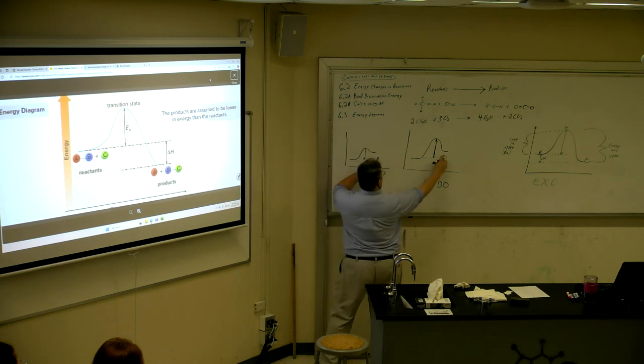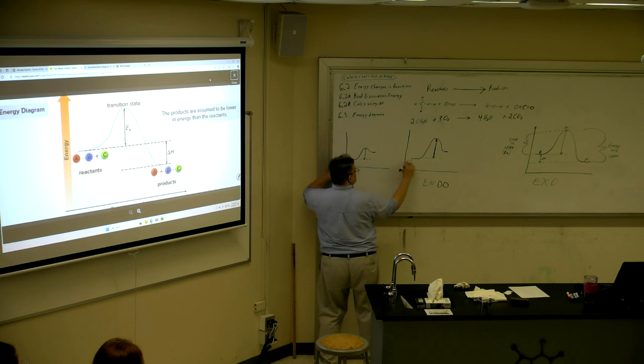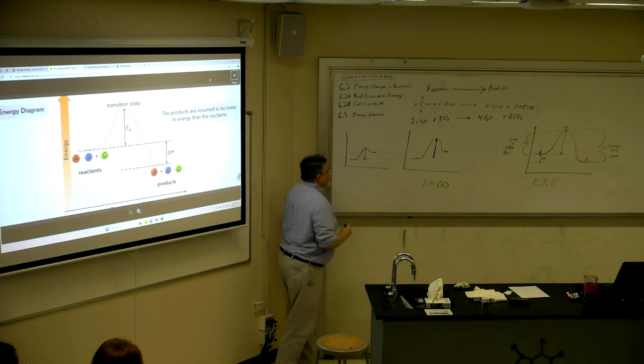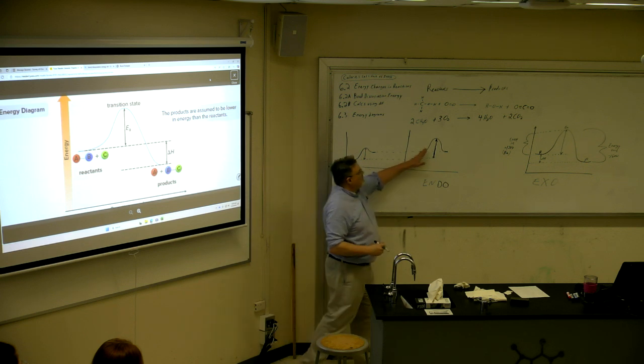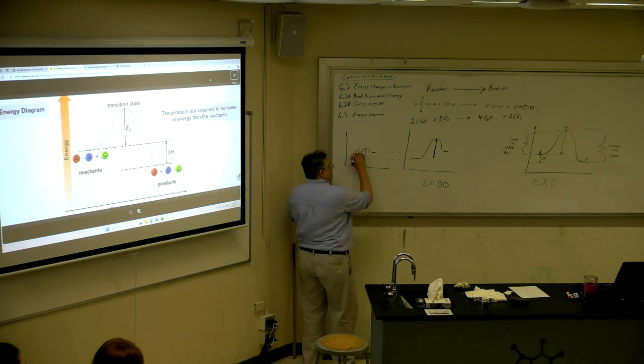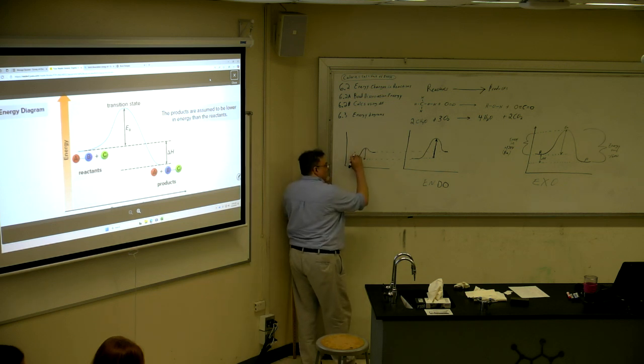I tried to line these up straight across and these up straight across. So it's still the same delta H, but the difference is this took a lot of activation energy and this just took a little. So this would be a completely different reaction with somewhat weaker bonds in the reactants than these.